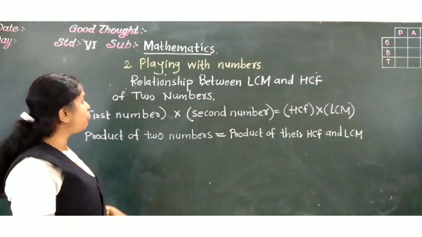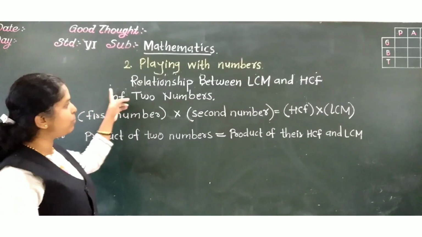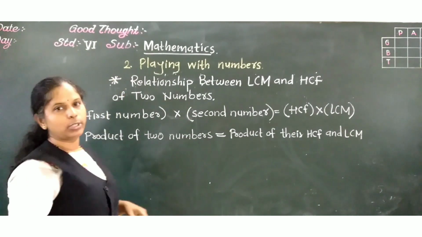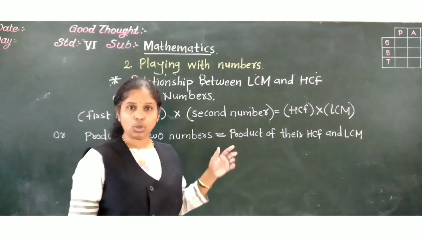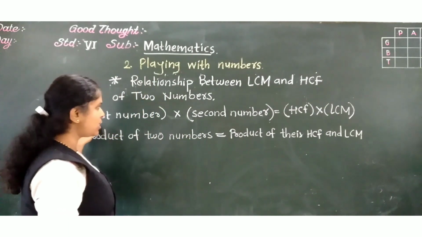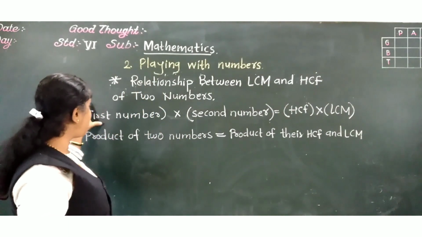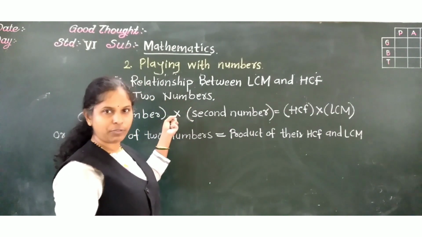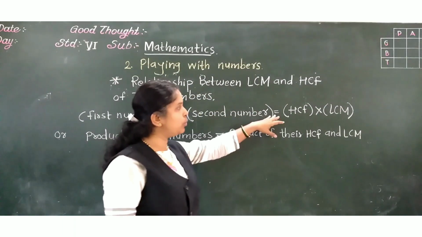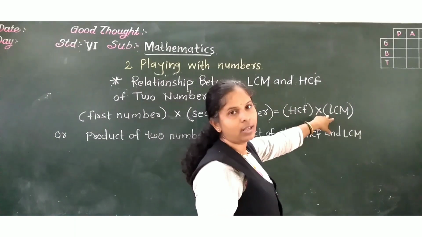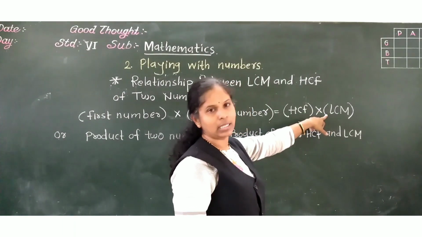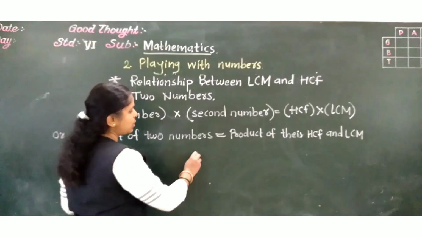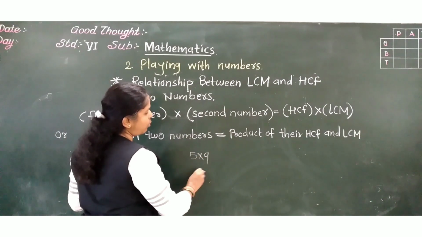Okay. See here, now we have to learn the relationship between LCM and HCF of two numbers. What is the relation? So the relation is here: when we multiply first number by second number, that product whatever we get is equal to the product of their HCF and their LCM. Okay. If any two numbers are given, suppose 5 into 9, then what will happen?